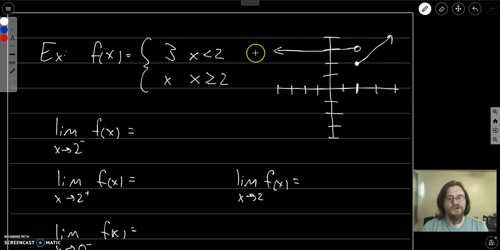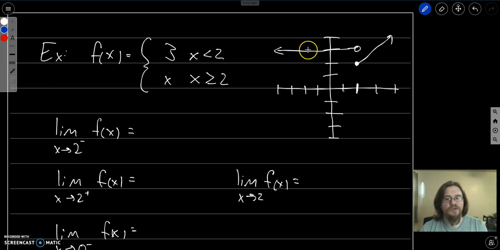Whenever x is less than 2, we just have height equal to 3. Whenever x is greater than or equal to 2, the height is the same as the x value. So at 2, we're at 2, at 3, we're at 3, at 4, we're at 4, and so on. So the question is, what is the limit of f of x as x approaches 2 from the left-hand side?